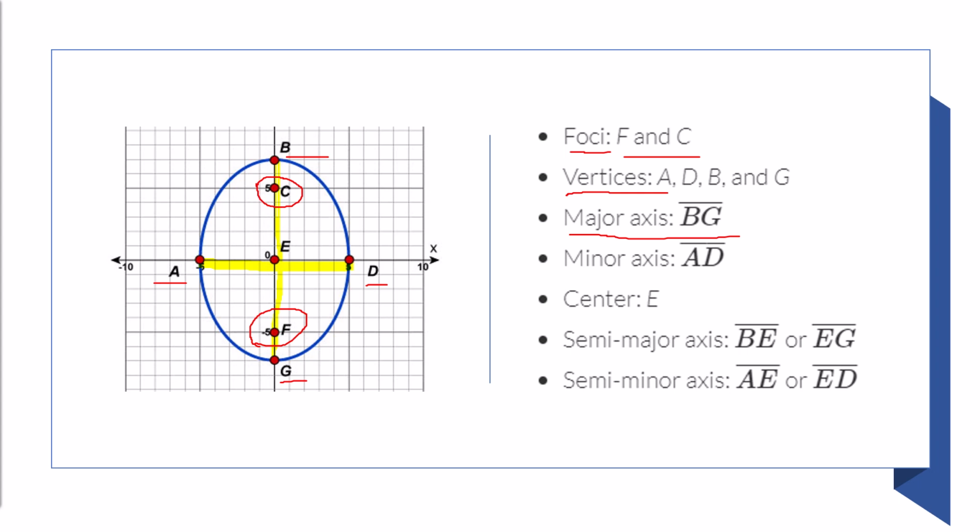That's point E. The semi-major axis is from B to E. Semi means half, half of the major, or EG. And the semi-minor axis is AE or ED.